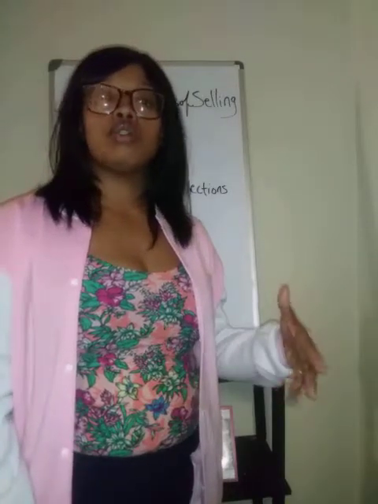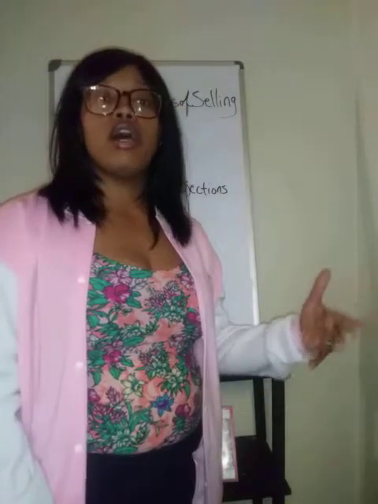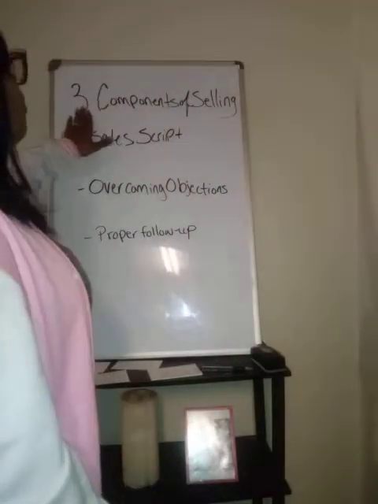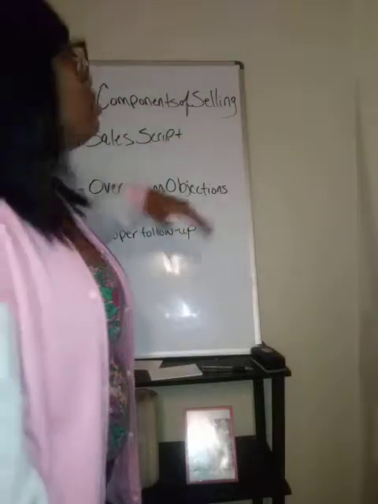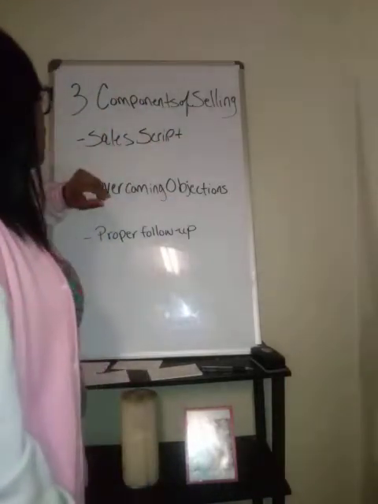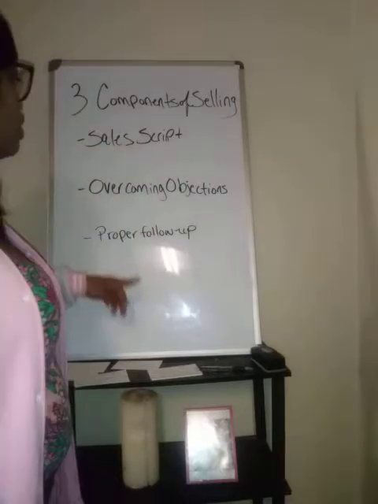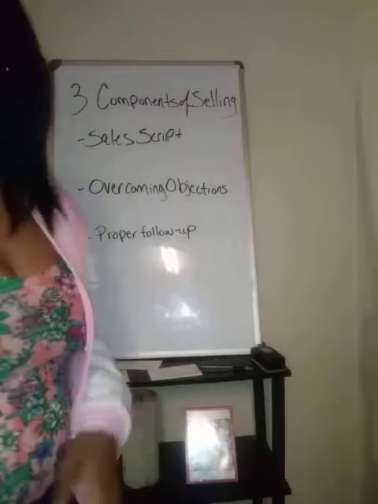So we must know how to offer that as well as get to the close of that sale. There are 3 components of selling that we're going to go over: the sales script, overcoming objections, and a proper follow-up.